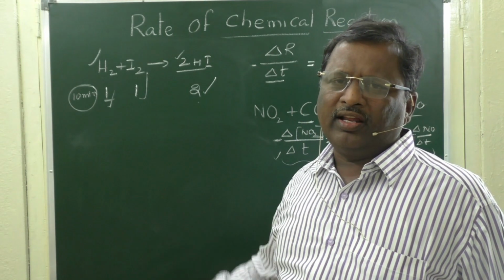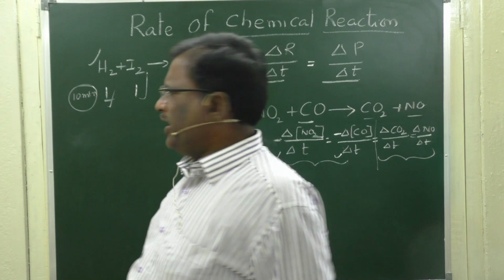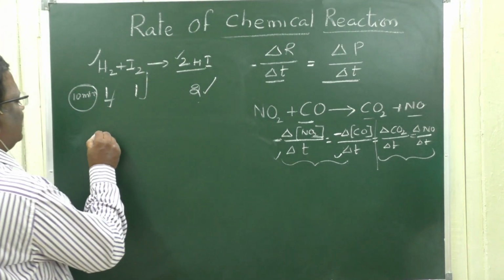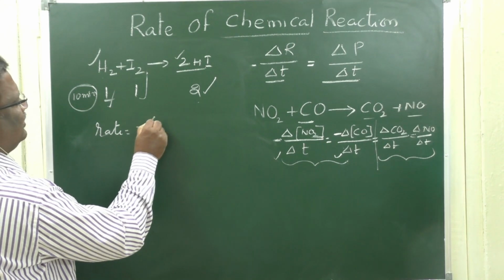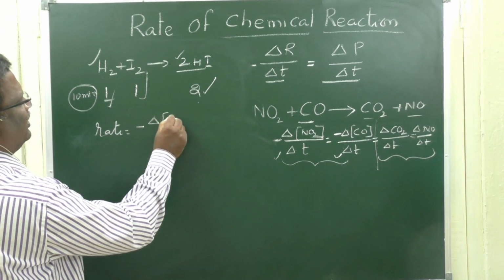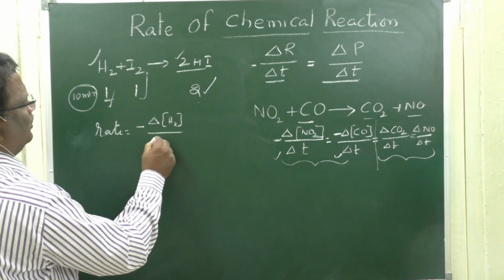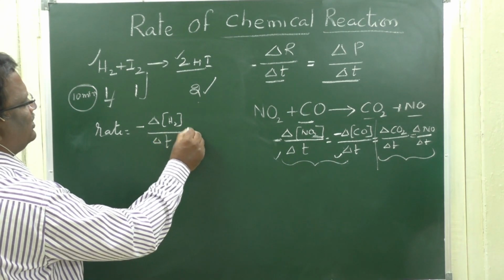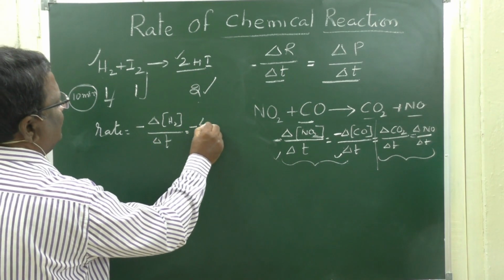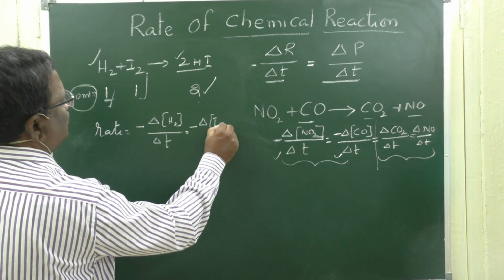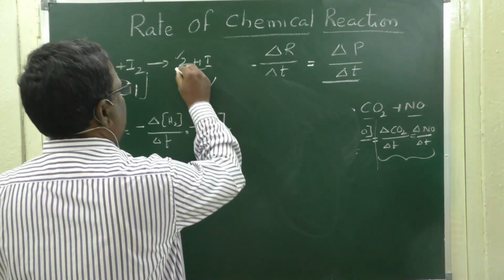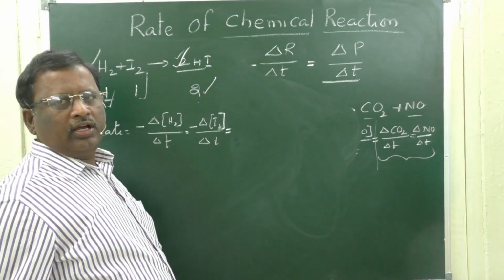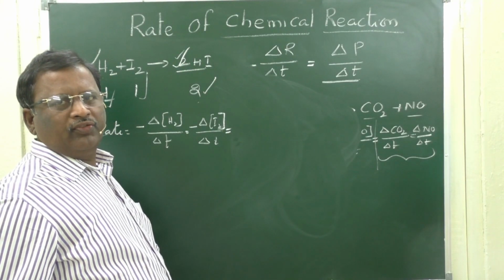So, for this particular reaction, the rate should be expressed like this: rate is equal to minus delta concentration of H2 by delta T is equal to minus delta concentration of I2 by delta T is equal to, here in the stoichiometric reaction you have coefficient 2 before HI.